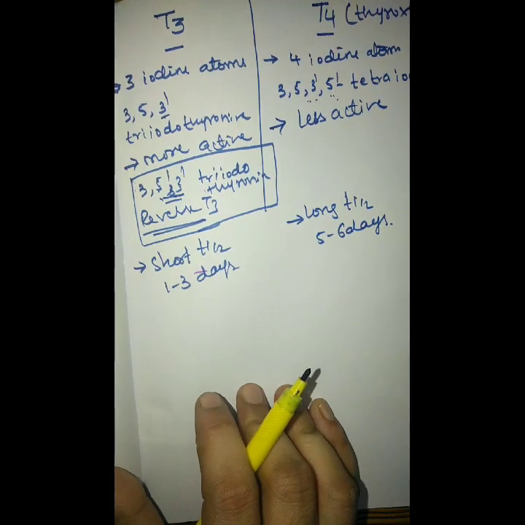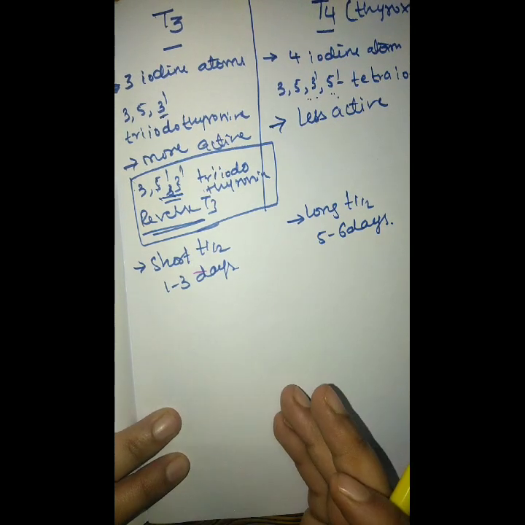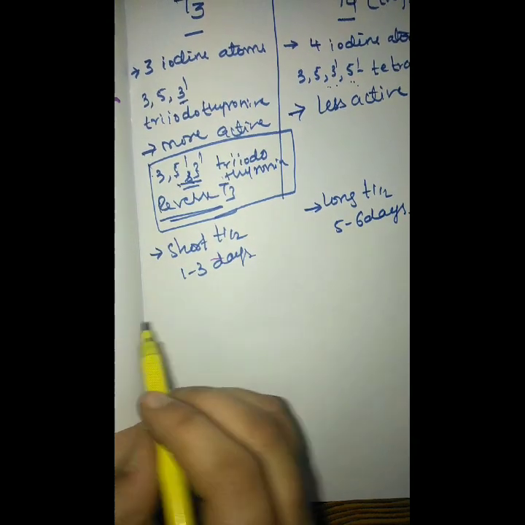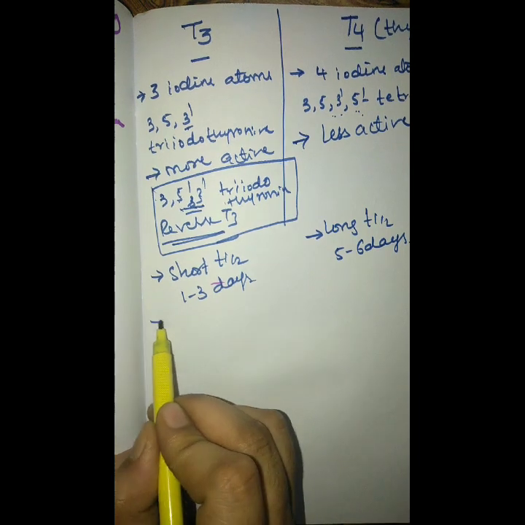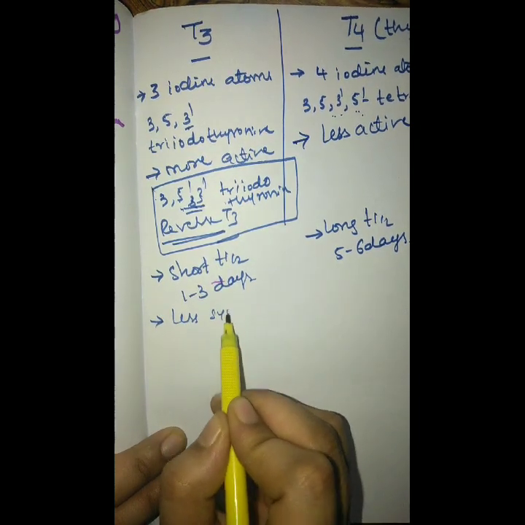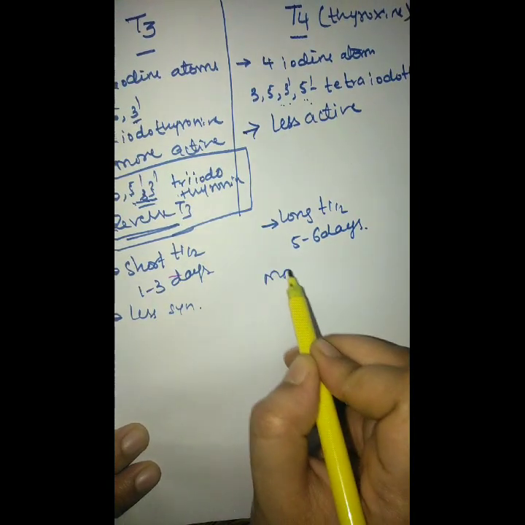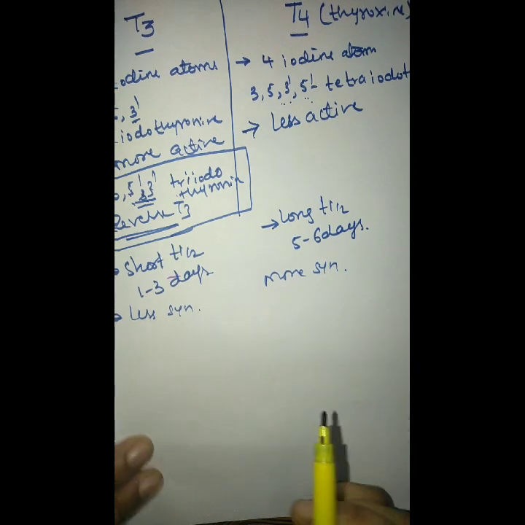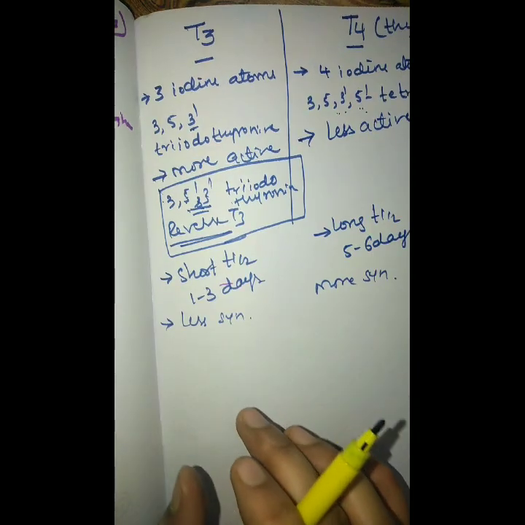Obviously in hypothyroidism the half-life will be reduced, and in hyperthyroidism the half-life will be increased. Physiologically, T3 is synthesized in a lesser amount, and a large amount of T4 is synthesized, so T4 is more synthesized as compared to T3.